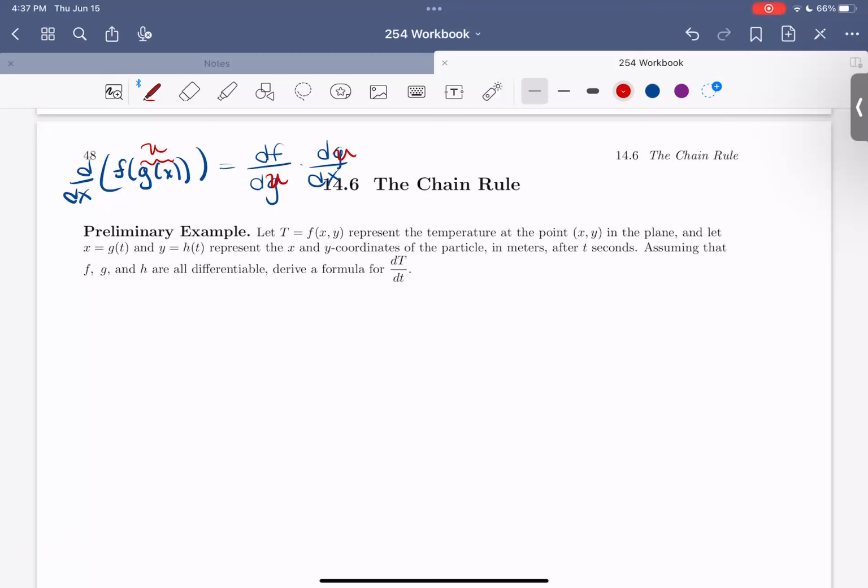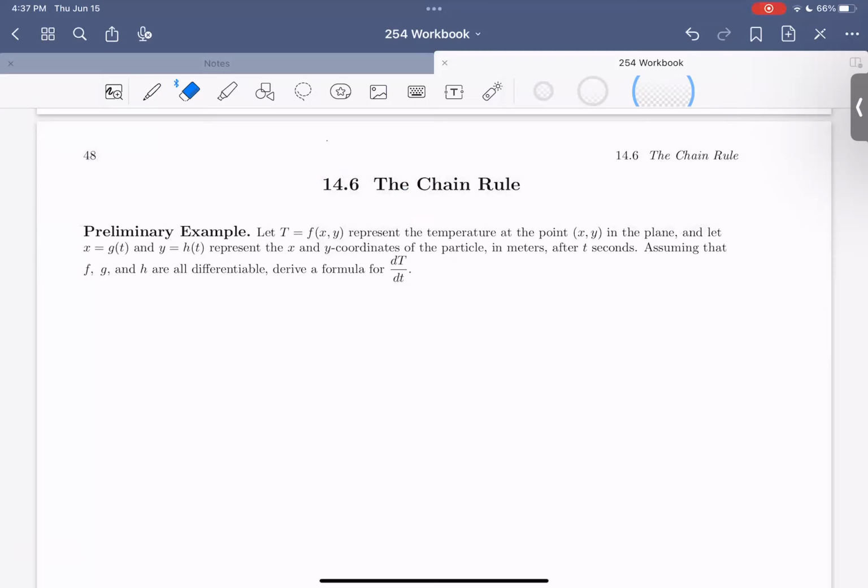Similarly, in multivariable calculus, say we have a function of two variables, f of x, y, and x and y are themselves functions of another variable, say t, then we need a special rule for computing the derivative of such a function. All right, so let's go ahead and get started.